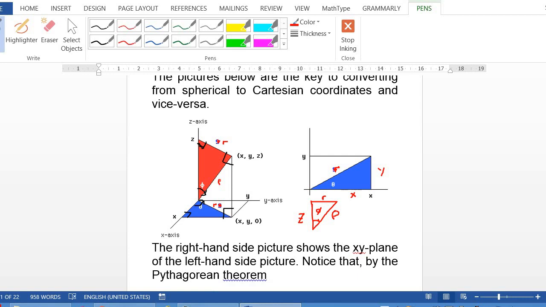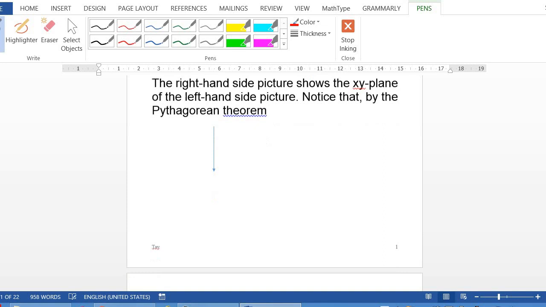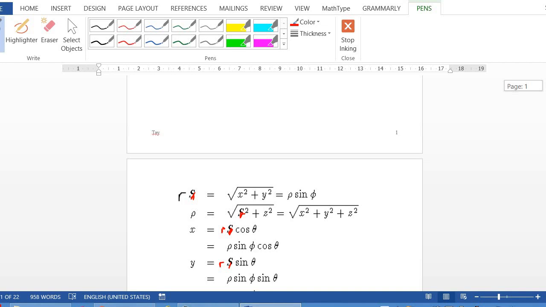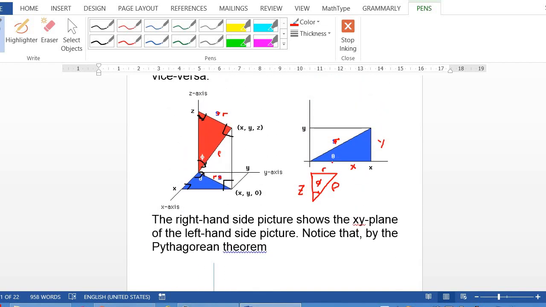As you learned in polar coordinates, x is r cos theta, y is equal to r sin theta. By taking cos theta, we have x over r.